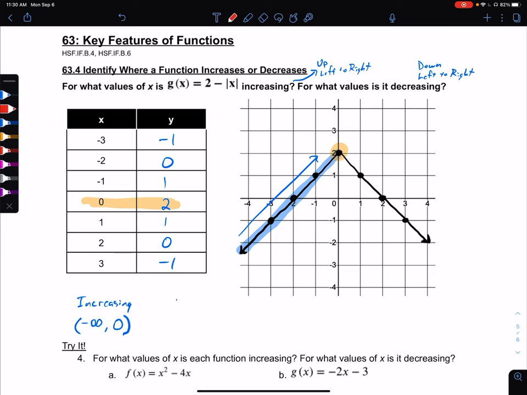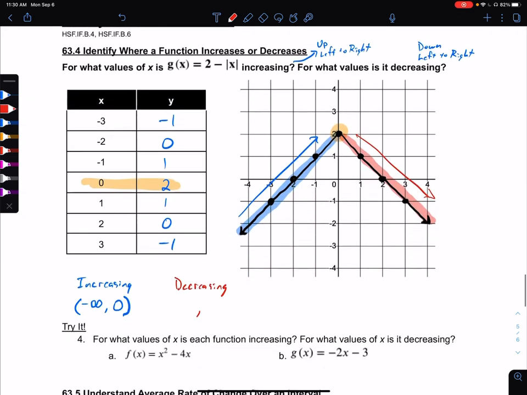Now for decreasing, we're using the same methodology, but this time we're looking for decreasing. So the graph is going down here, left to right. What are the minimum and maximum values for our interval notation? It's that same point where we stopped increasing and started decreasing.